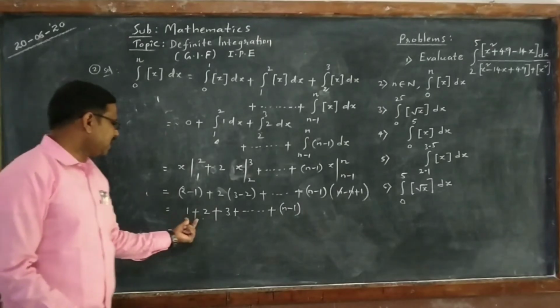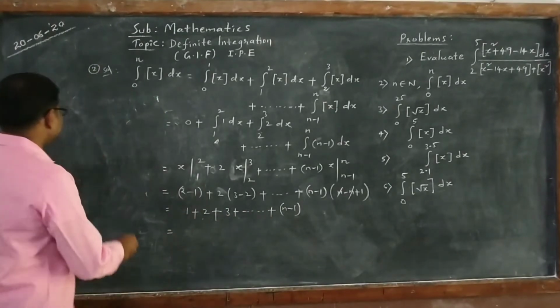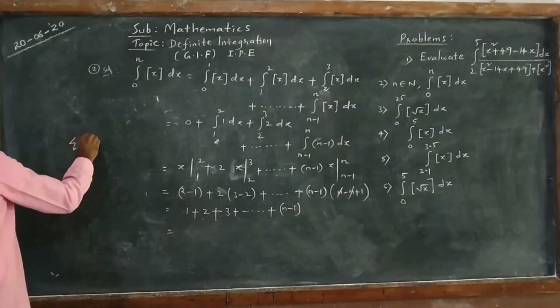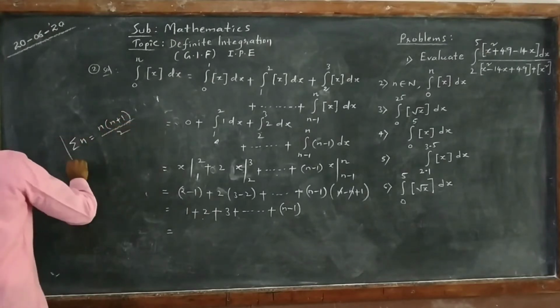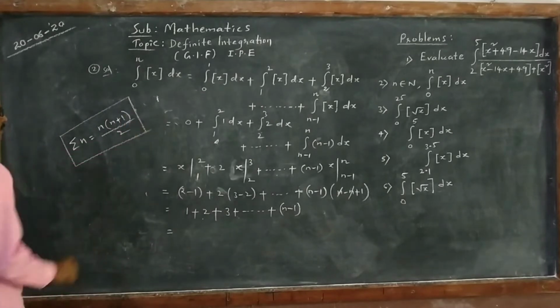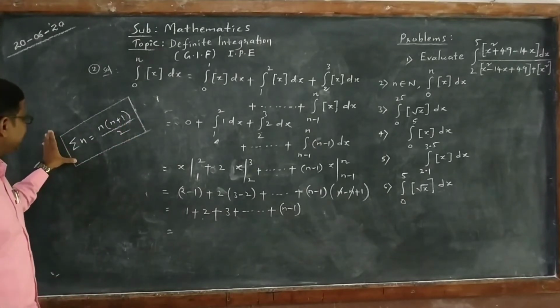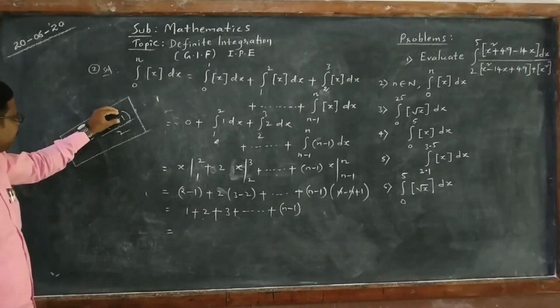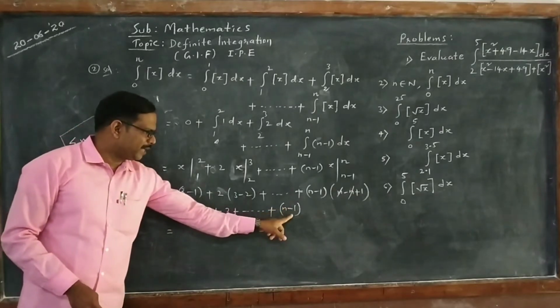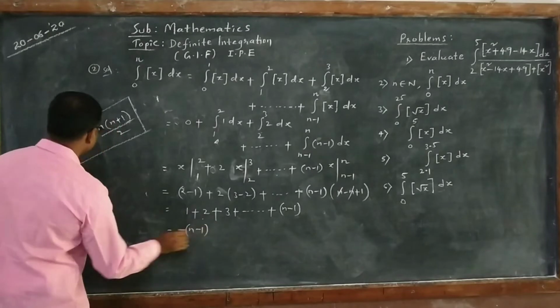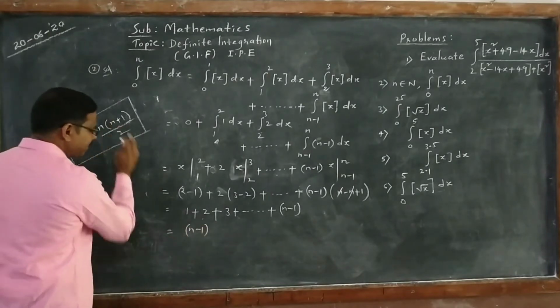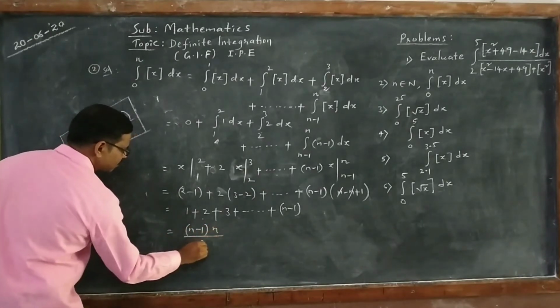You know the formula for the sum of first n natural numbers: sigma n is equal to n of n plus 1 by 2. Here, how many natural numbers are there? n minus 1. So in the place of n, keep n minus 1: (n minus 1) into (n minus 1 plus 1) by 2.